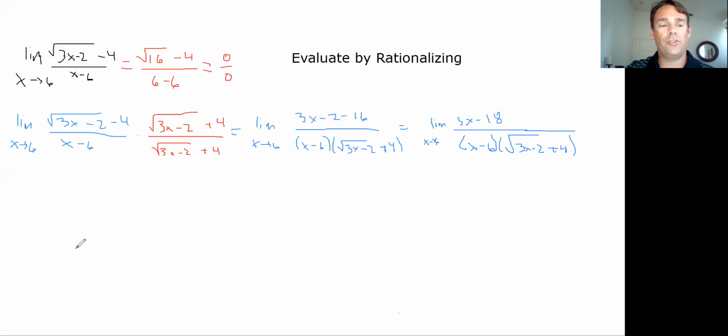Well, on the top, I'm noticing that I can factor 3 out of here, 3 out of that. So let's go and factor 3 out of that. Oh, this is what I wanted. There's my x minus 6, and my x minus 6 on the bottom now.